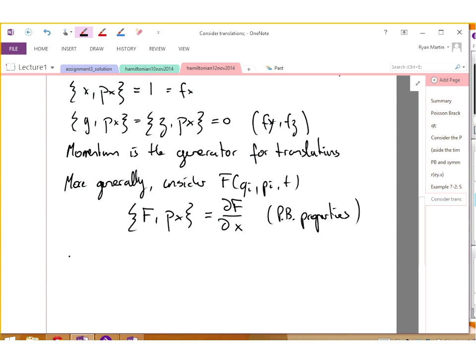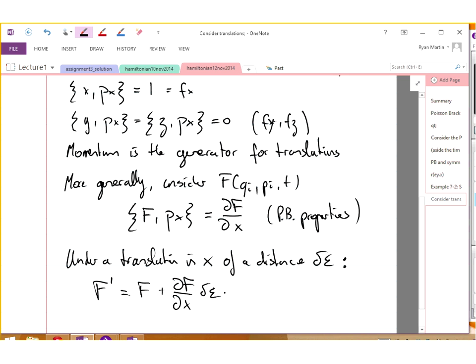So consider how f transforms when you make a translation. Under a translation in x of a distance delta epsilon, f prime would be equal to f plus df by dx times delta epsilon, right?